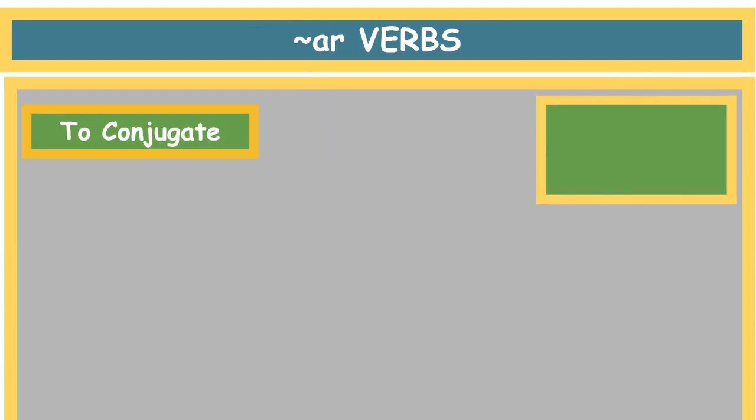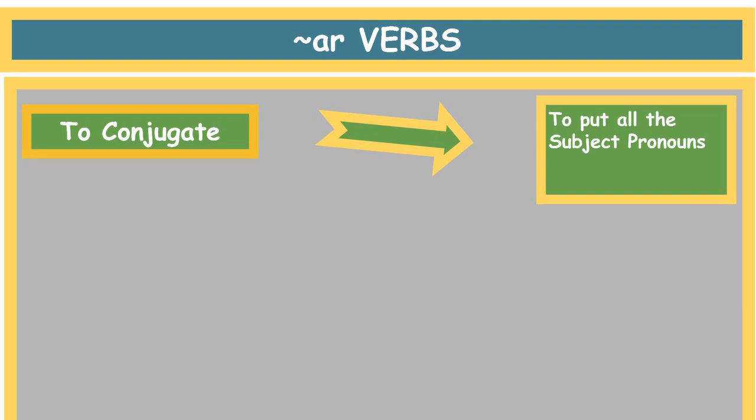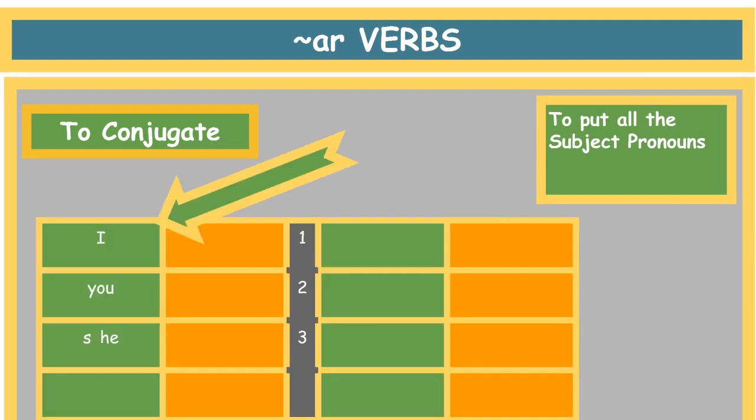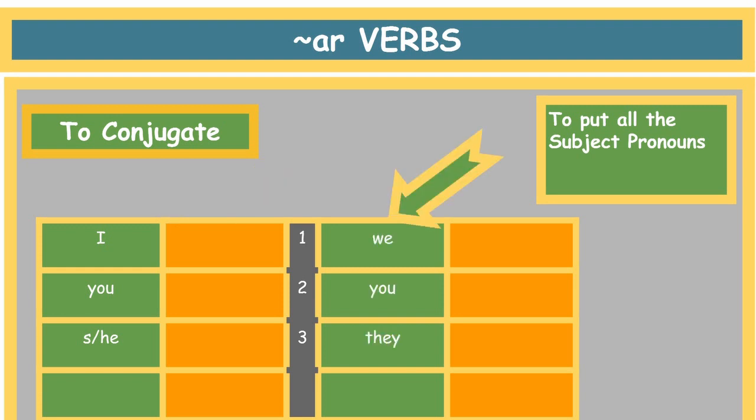To conjugate is to put all the subject pronouns I, you, she, he, we, you, they. Remember, I, you, she are singular subject pronouns and we, you, they are plural.